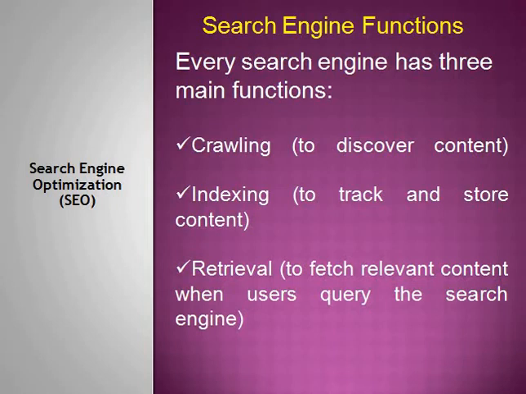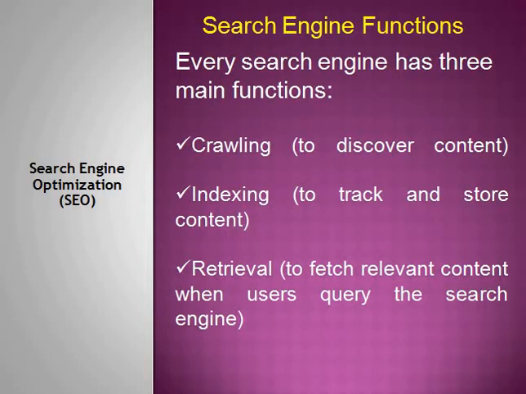The crawling and indexing of these keywords has been done by Google previously. And at the time you search something on Google with a query, Google only retrieves that information for you. The third function, we call it information retrieval.